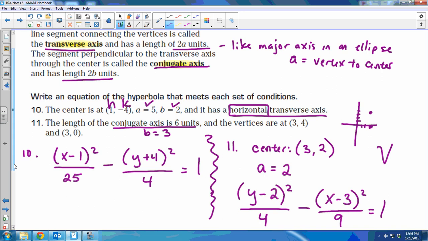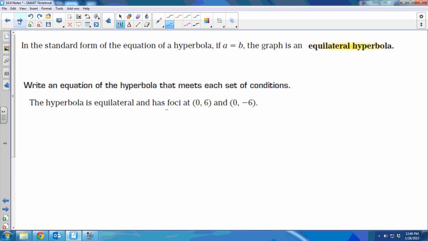No? All right. Then the next example, we have another definition we need to know. So in the standard form of the equation of a hyperbola, if A equals B, so if they're the same, the graph is called an equilateral hyperbola. So you need to know what that is, so that when they tell you that in this next example, you know what that means.